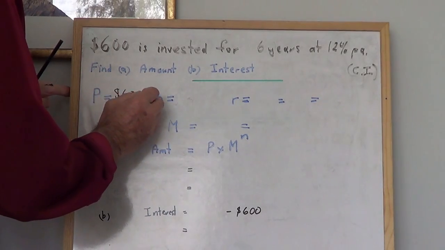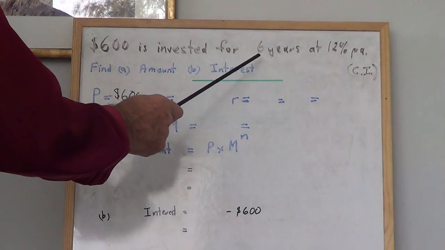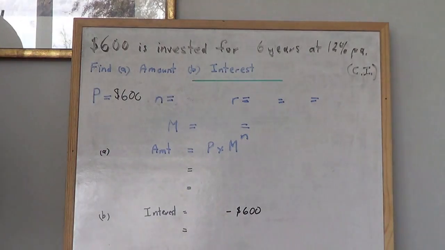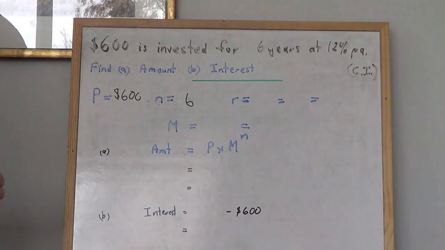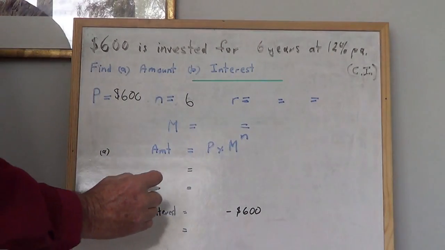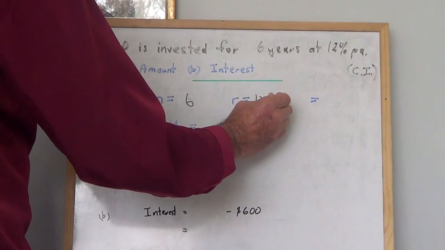N. So, how many periods are there? The period of time is a year. How many years is it? 6. So, what's the rate of decrease? Oh, sorry, increase. It's an increase. 12% per annum because it's interest. So that will be 12%. That's a plus.